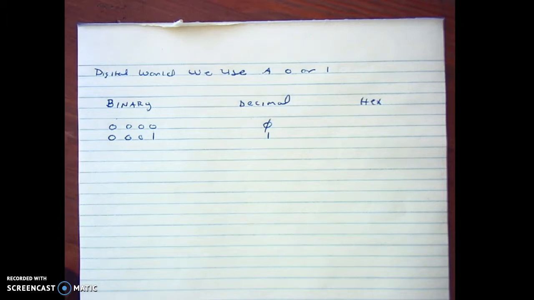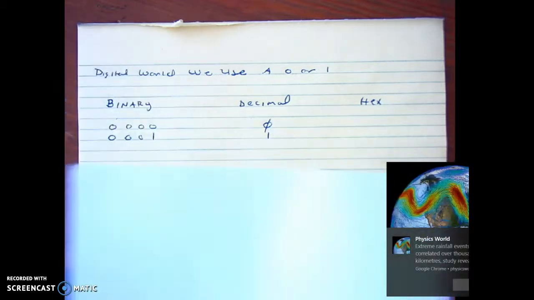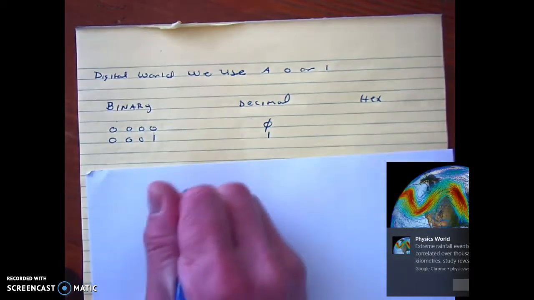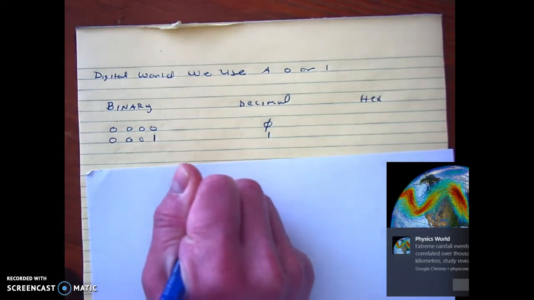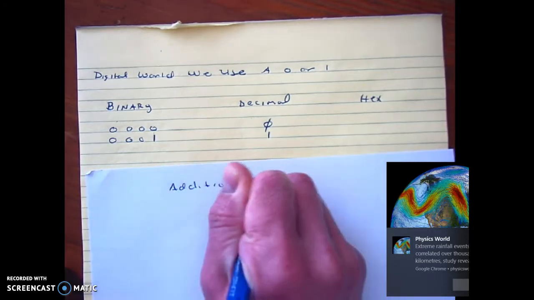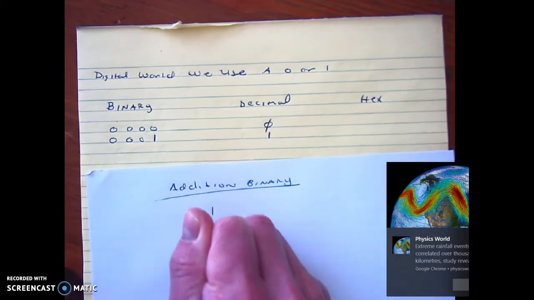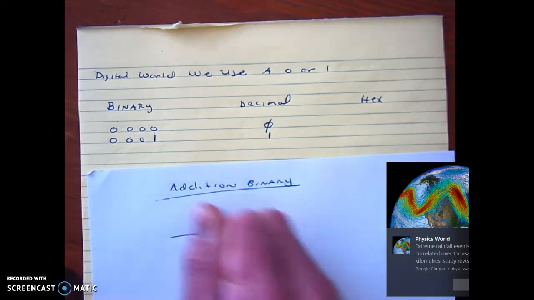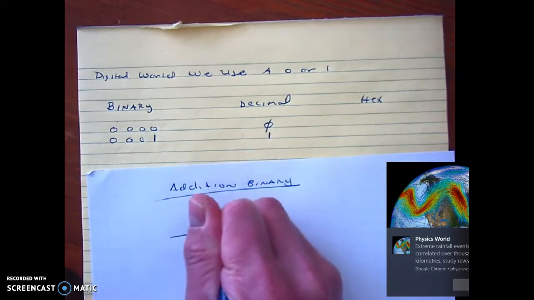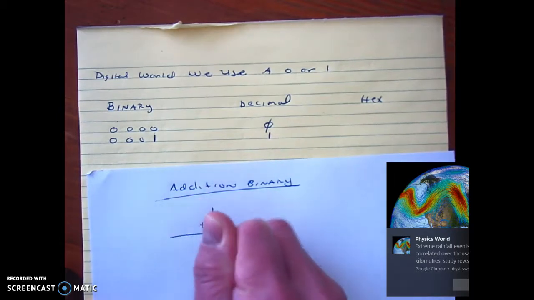If we continue to do this, what we have to look at is addition in binary. So if we look at addition in binary, if we take a 1 plus a 1, well, it's a 0.